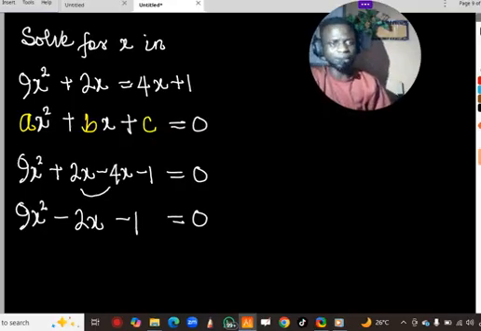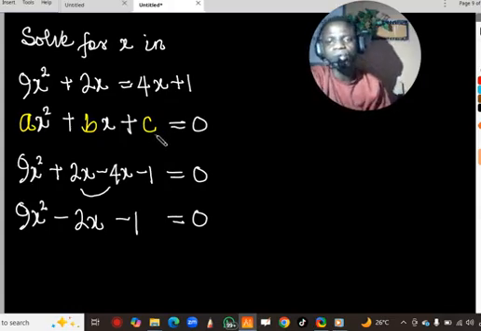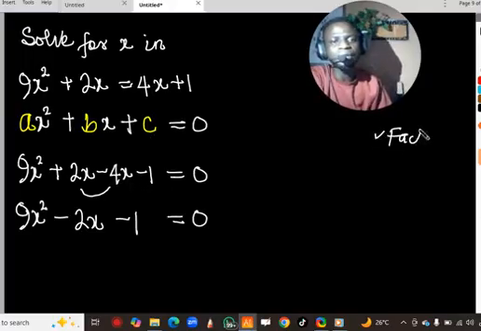Let's continue. Now the next thing we do is let's try to solve this using the factorization method. Of course, there are basically four methods of dealing with quadratic equations. The first one is the method of factorization. You can factorize, though it doesn't work for all equations. You can as well make use of the formula method.